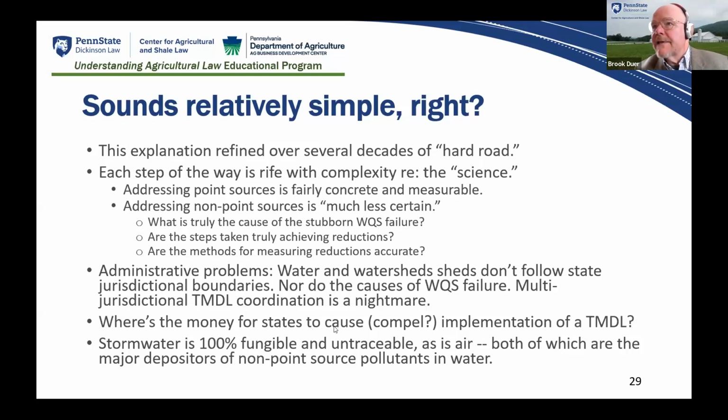Where's the money for states to do all this, to either cause it to happen or, in the worst case scenario, compel it to happen? And we know that well. Stormwater is 100% fungible and untraceable, as is air, both of which are the major depositors of non-point source pollutants in water. So there are all kinds of problems here.